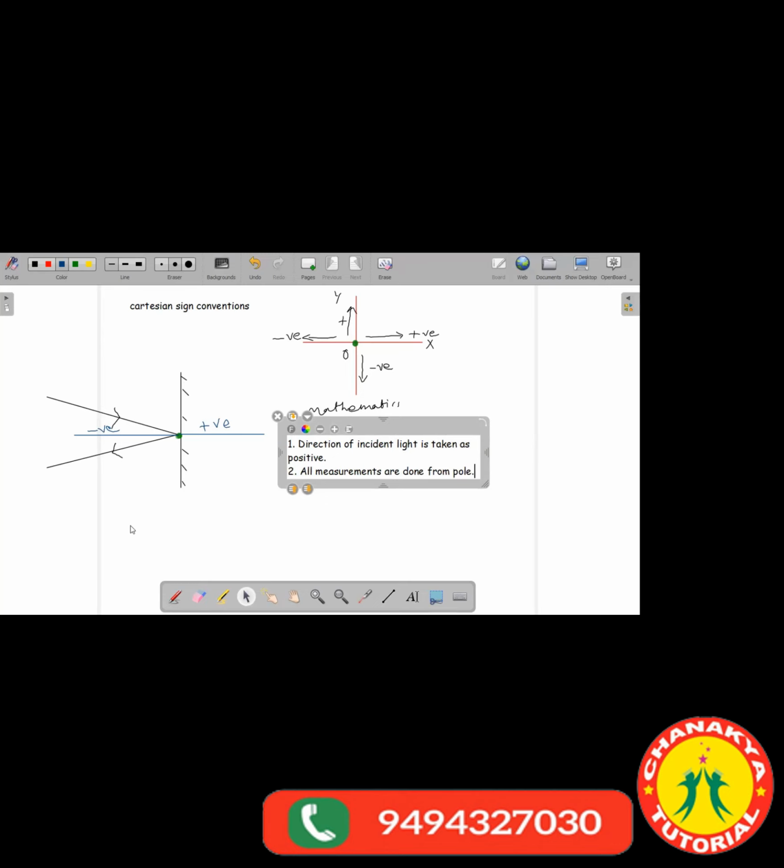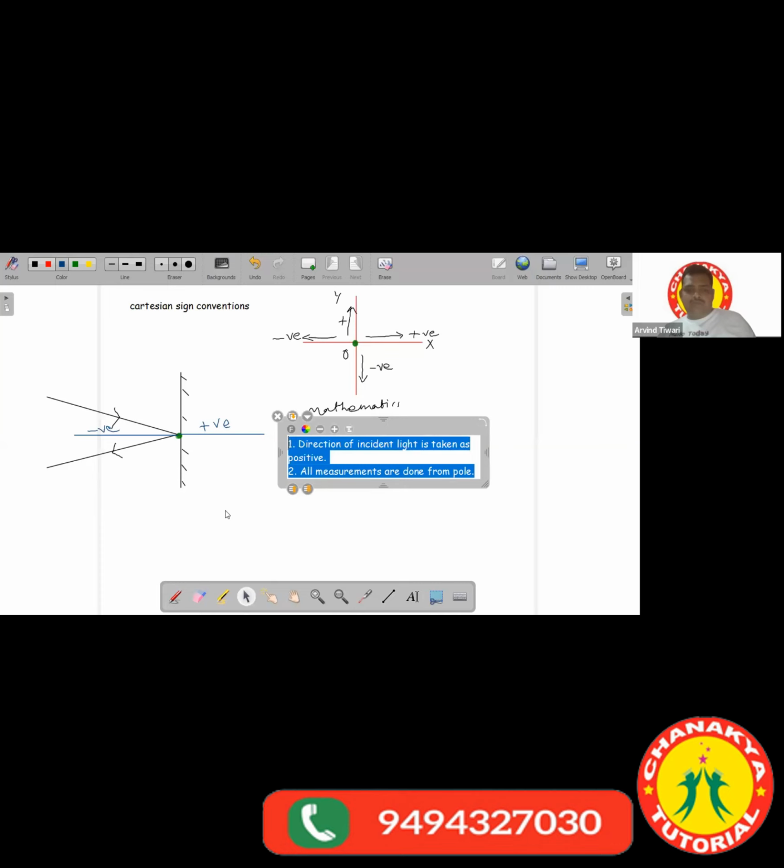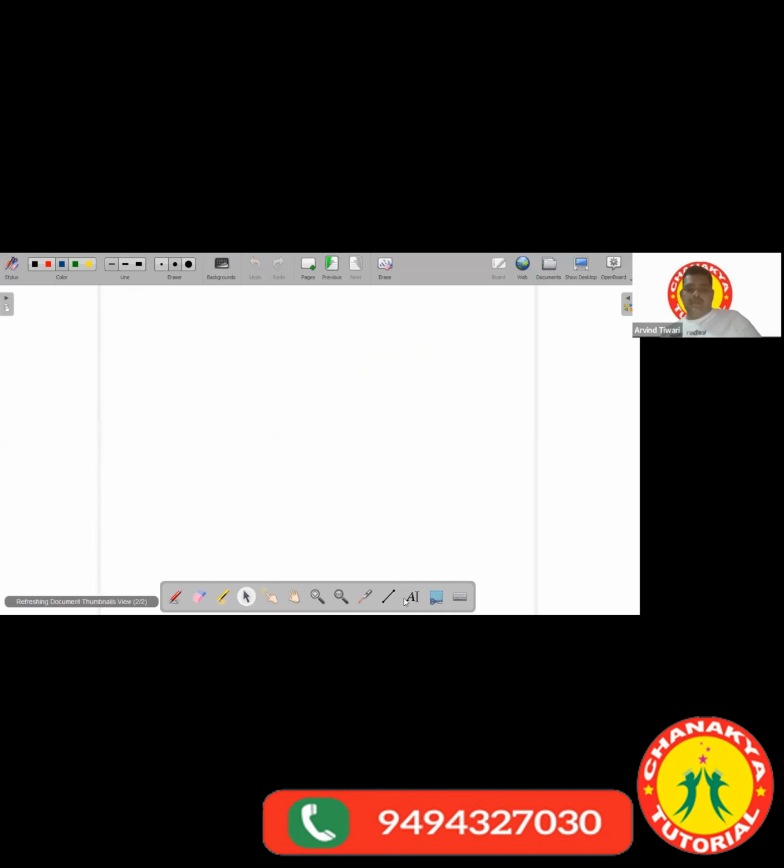Let us apply the same with the concave mirror and the convex mirror also. These two points should be kept in mind, and we call these sign conventions. Whenever I talk of sign convention, I especially refer to these two points. So we will have a concave mirror.